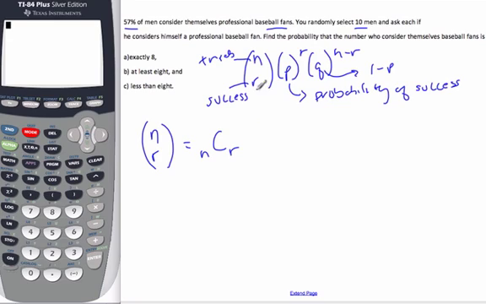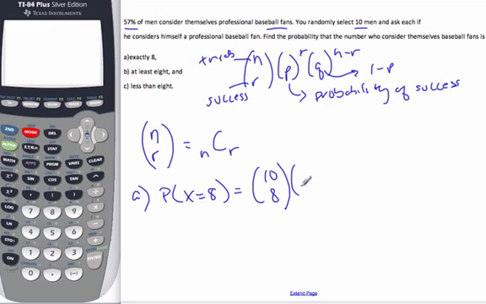Okay, so in this scenario, I have 10 men selected at random, and I want the probability of exactly 8. So I want the probability that x is 8. I have my 10 men selected, and I want 8 of them to be baseball fans. Those are the successes.